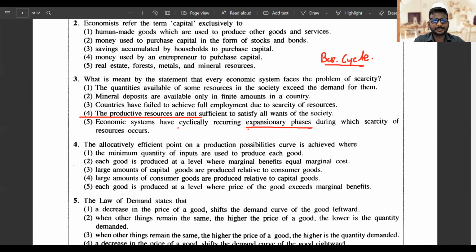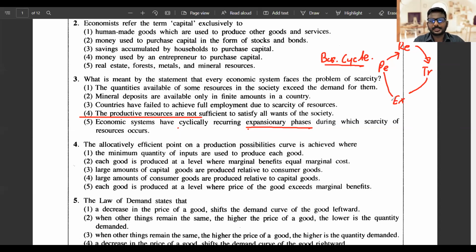What are the stages you see in business cycle? Recession. From there, you go to trough. From there, you go to expansion. From there, you go to peak. From there, you go back to recession. So this is business cycle.